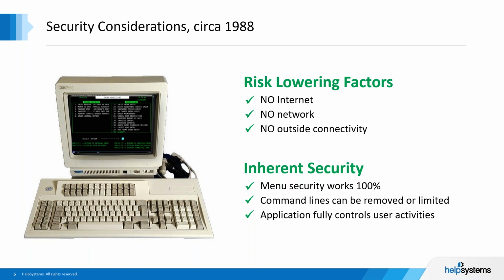Speaking of that command line, as we will do a number of times today, that was something that could be removed from the screen. It could be hidden from the user's display, or any user that was given access to it physically could be controlled on a command basis as far as what they were able to type into that command line. The application layer as well was also a value add.